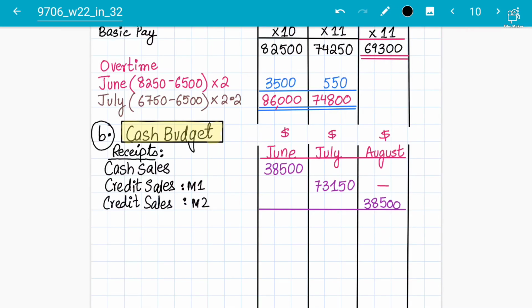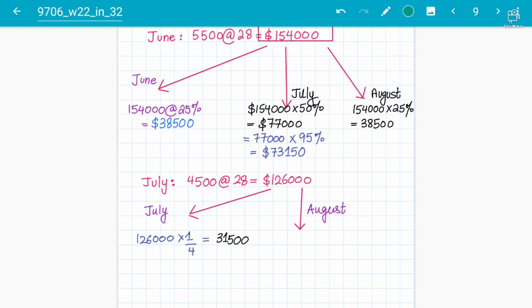So in this one you will receive, let's do it in the green color. So 31,500 you are going to receive in July for the July sales, that is the cash sales, and the remaining 50%, that is 126,000 into 50%, you are going to receive in August. But for that as well you are going to receive only 95% of it, right?